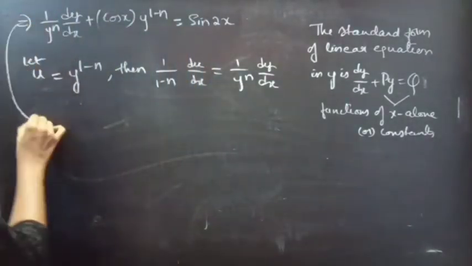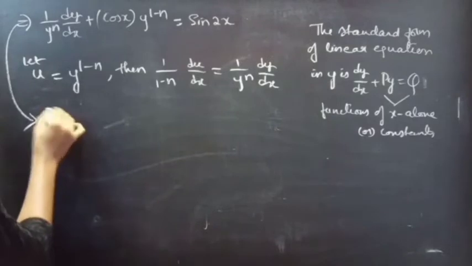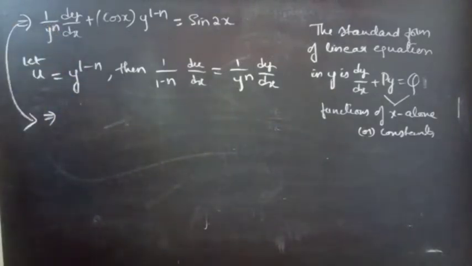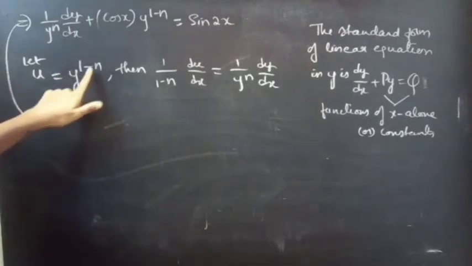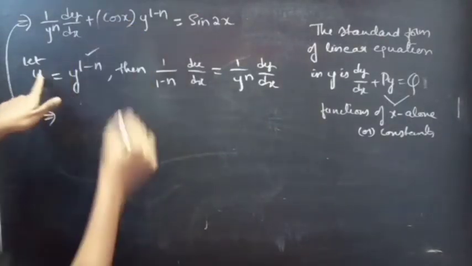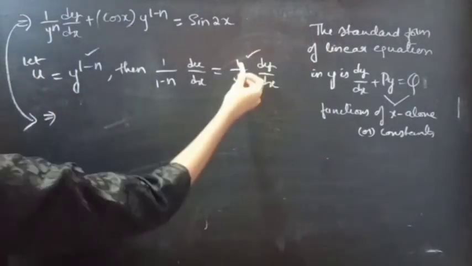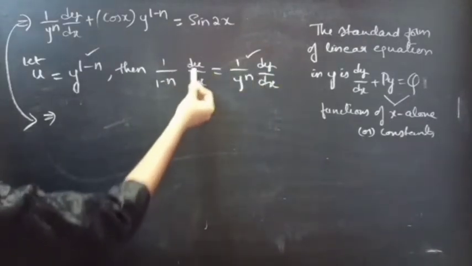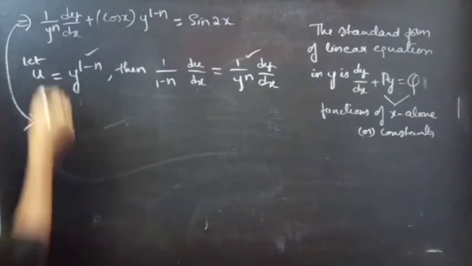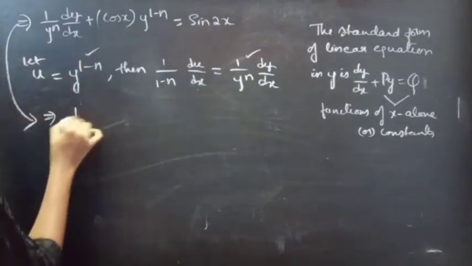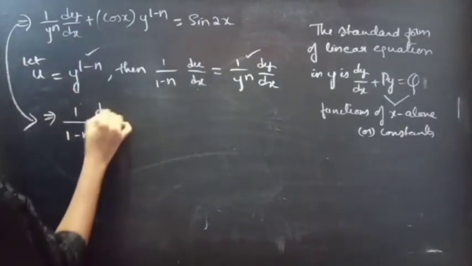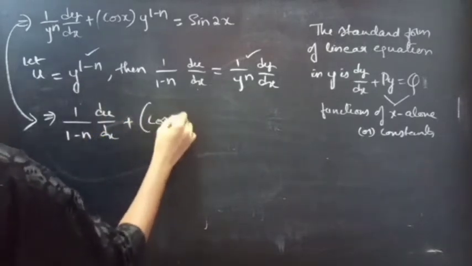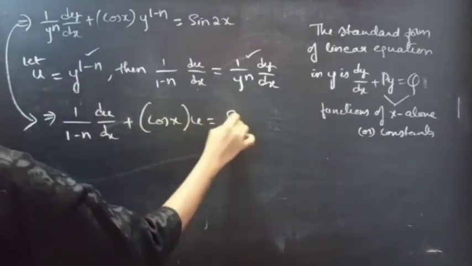Now we'll write the above equation in terms of u and x by replacing y power 1 minus n by u, and 1 by y power n into dy by dx by 1 by 1 minus n into du by dx. Then the above equation becomes 1 by 1 minus n into du by dx plus cos x into u equals sine 2x.